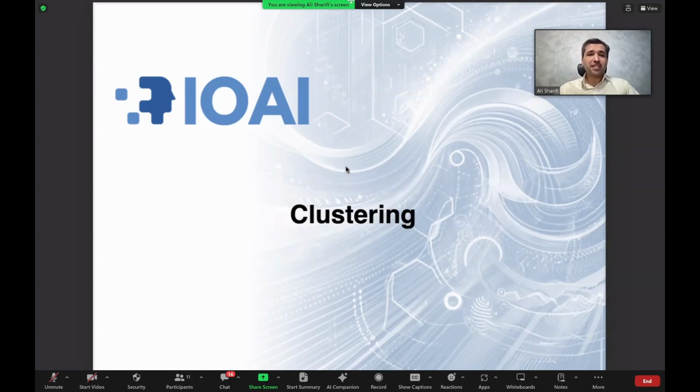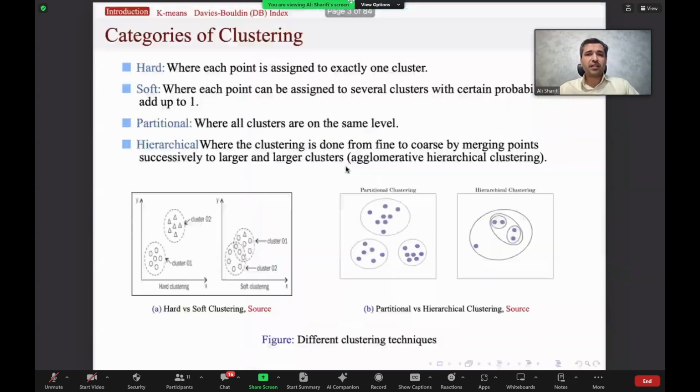So from Maxim's session previously, you understood that there are methods of clustering. And by clustering, we mean that we have a number of samples, but we do not have labels on them.